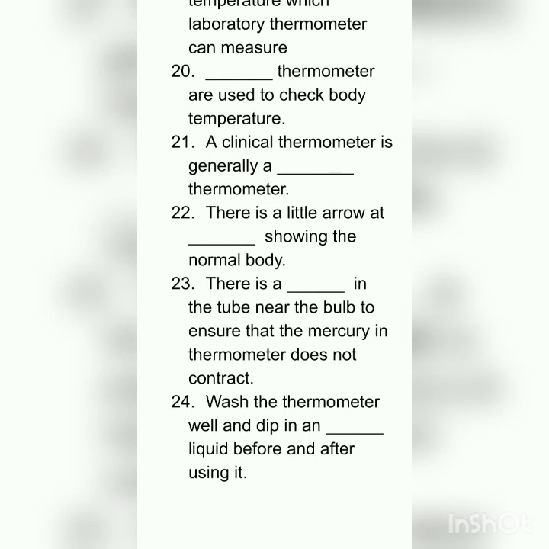Now next is wash the thermometer well and dip in an antiseptic liquid before and after using it. Why? Because it can catch the germs. So when we dip it in antiseptic solution, it kills the germs. Okay, children?